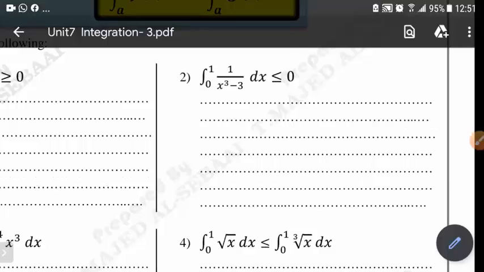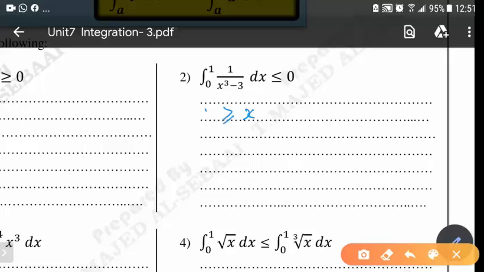Okay, the next one. The next one is the same, but it has a new idea. I want to show it to you. As you can see, the integration is from 0 to 1. So I will start by saying x is less than or equal to 1 and more than or equal to 0. I need to cube x, so it's going to be x cubed, and 1 cubed is 1, 0 cubed is 0.